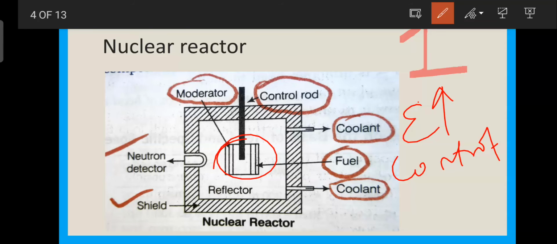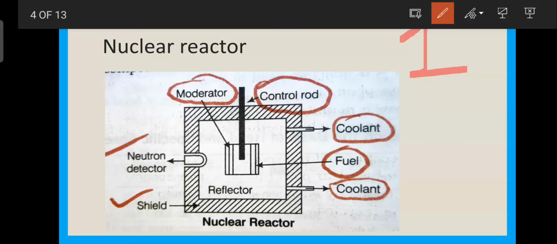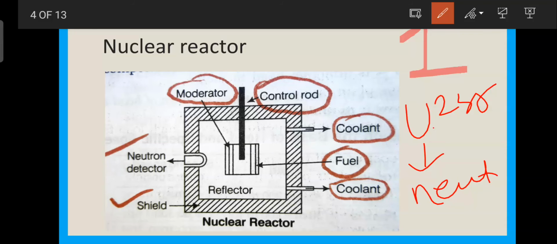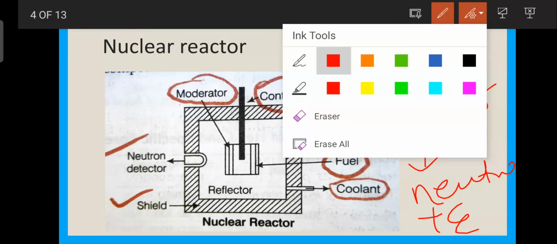The nuclear fuel such as uranium 235 is bombarded by a slow flow of neutrons. Due to this bombardment, the nucleus of uranium is broken into some neutrons plus some energy.